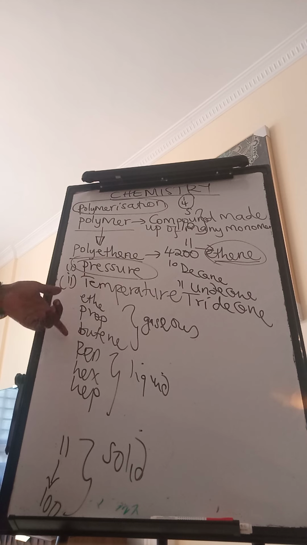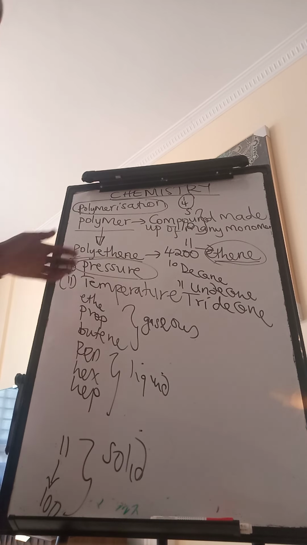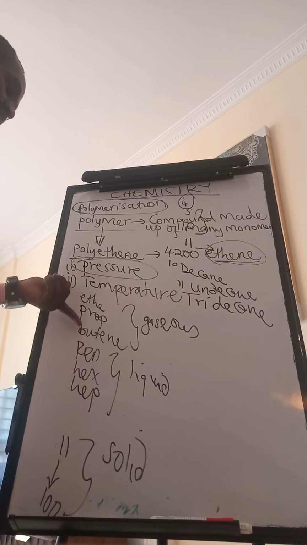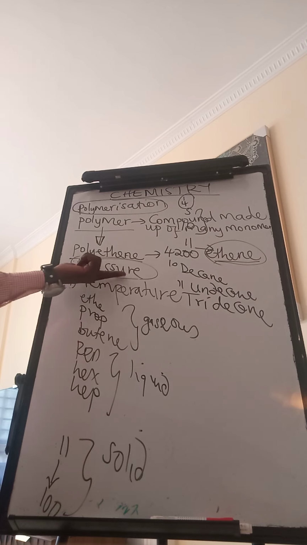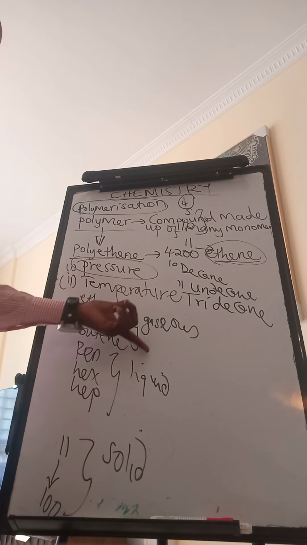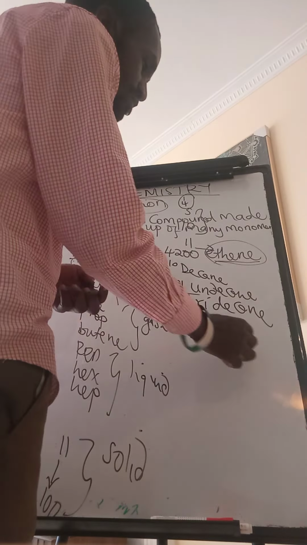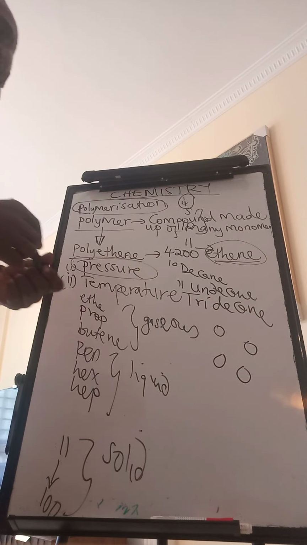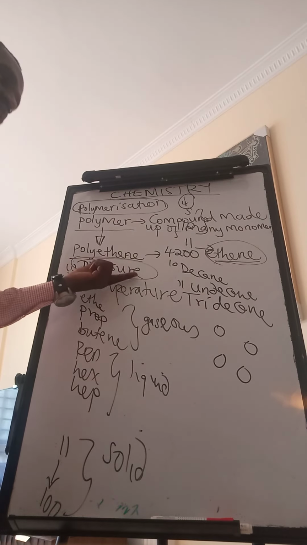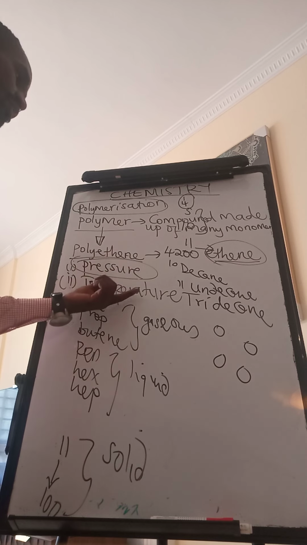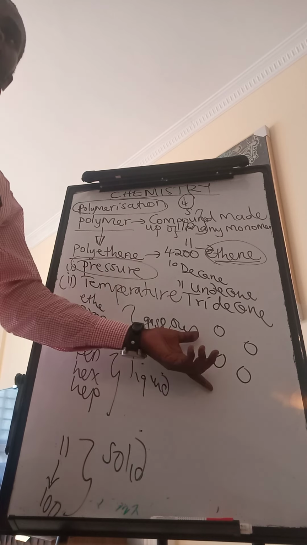That tells us that for us to make polymers, we are going to use, for example, the first 3, which are in gaseous state, so that you can employ pressure and temperature for them to get compressed. Why? Because anything in gaseous state has particles which are far away from each other. So any pressure employed, or any temperature rise, will speed up the reaction.